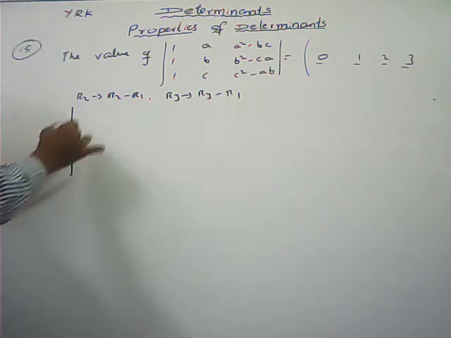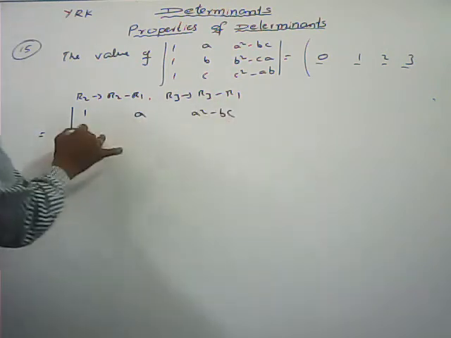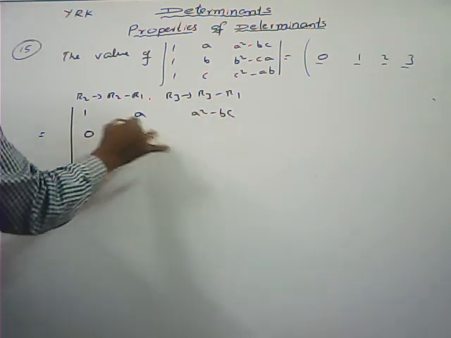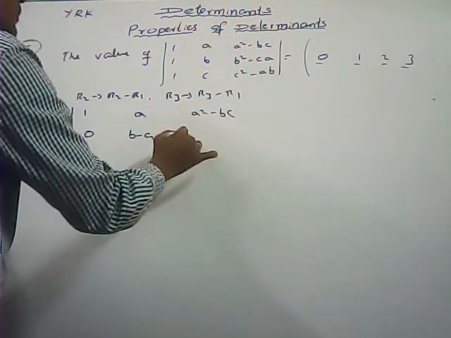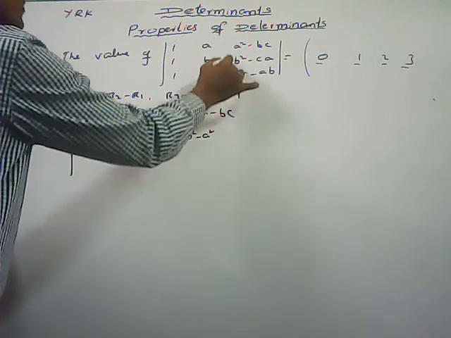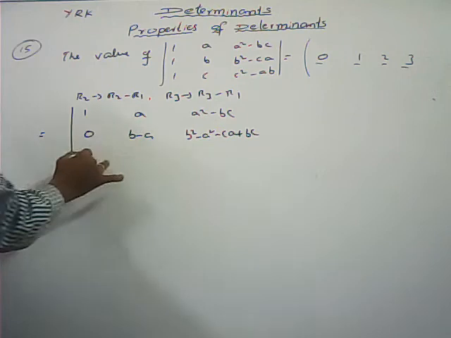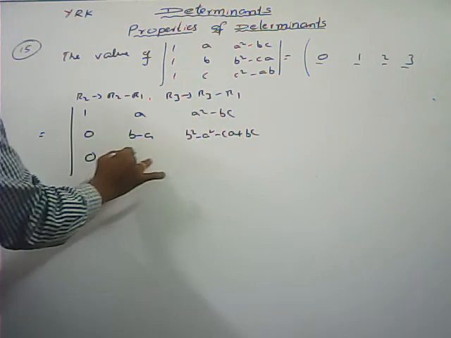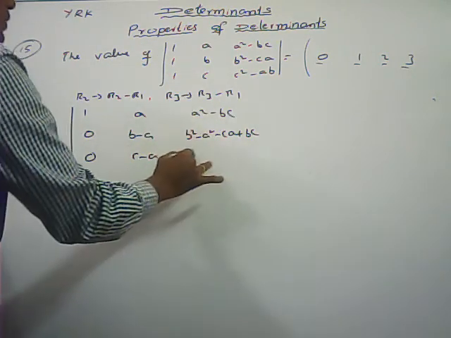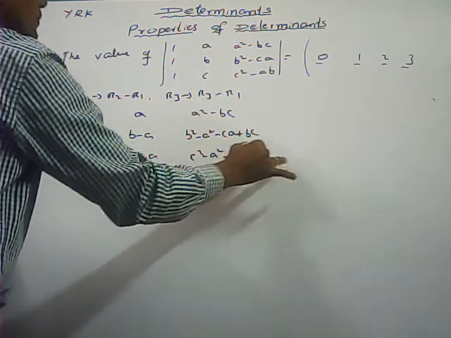That gives 1, A square minus BC, 0, B minus A, here we get B square minus A square, B square minus A square minus CA plus BC. R3 minus R1: 0, C minus A, C square minus A square minus AB plus BC.